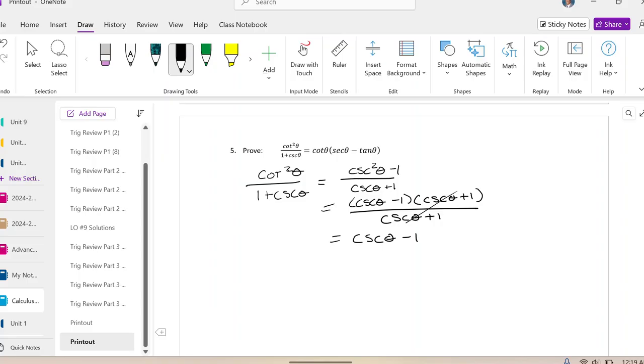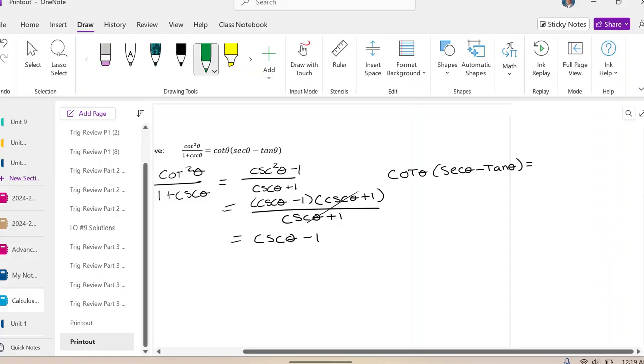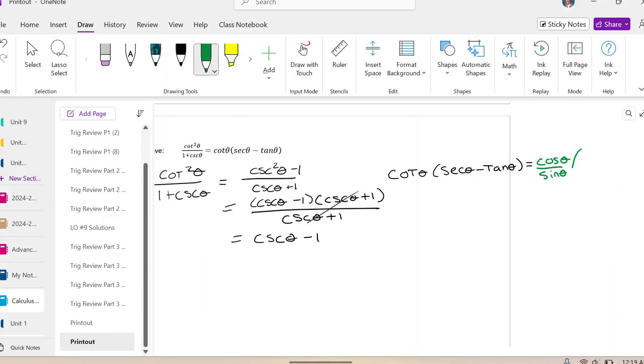Well, we can't really do anything else, but what we can do is say, okay, what if we worked with the other side? So let's say we said cotangent theta times secant theta minus tangent theta, and said, what would that equal? Well, cotangent theta is cosine theta over sine theta times 1 over cosine theta minus sine over cosine theta.